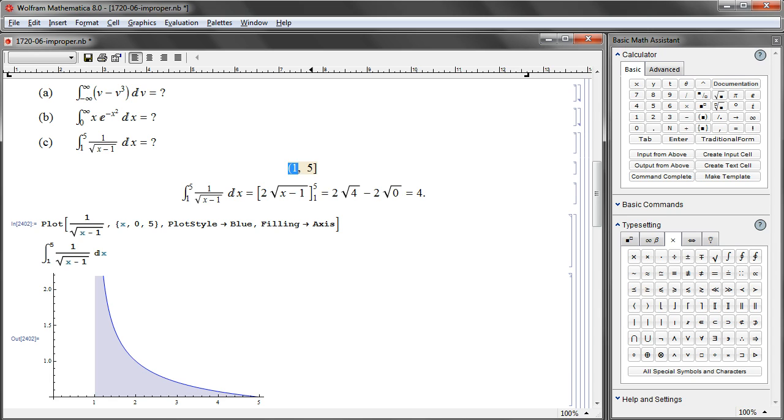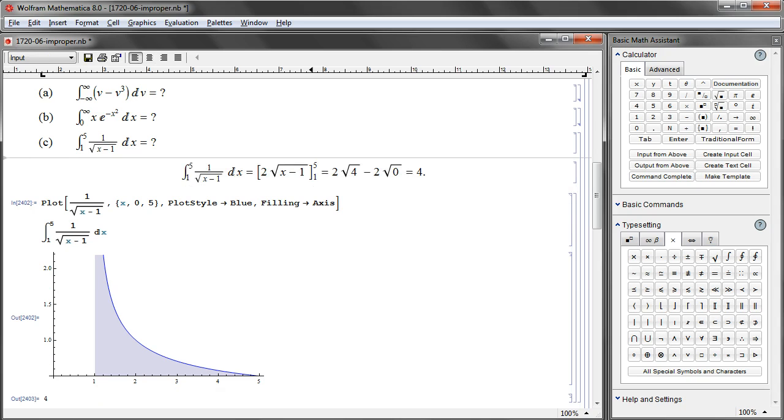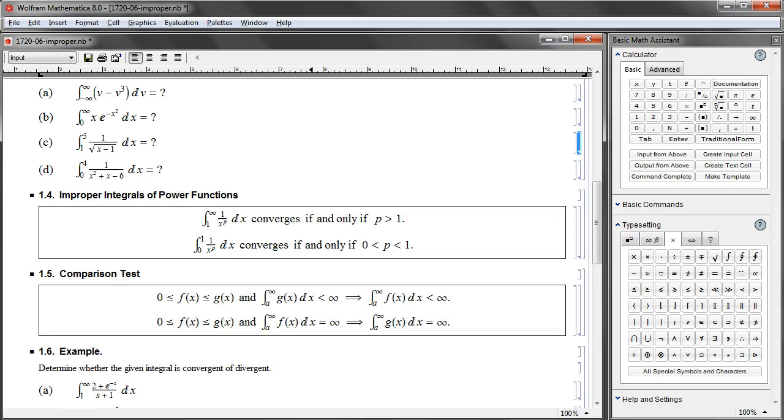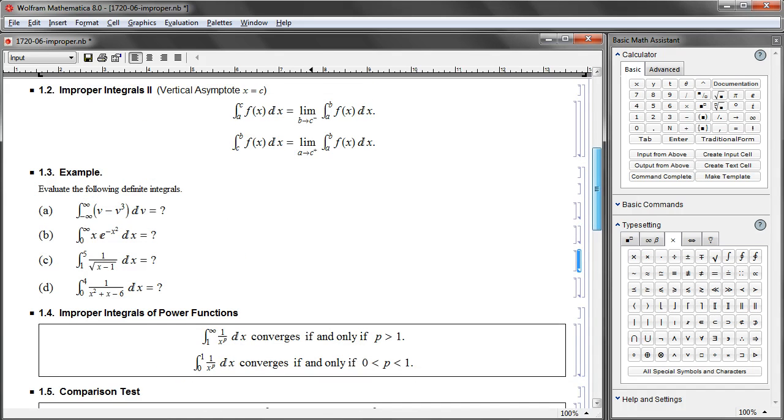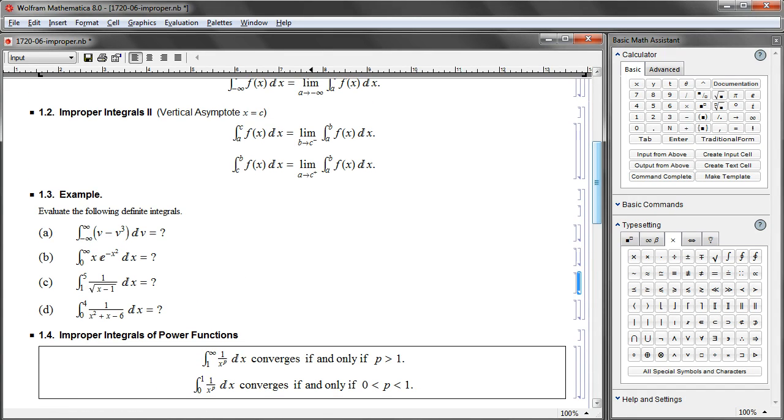Consequently, we needed some limit computation, which eventually worked out. Here's another situation. Integral from 0 to 4, 1 over x squared plus x minus 6 dx.